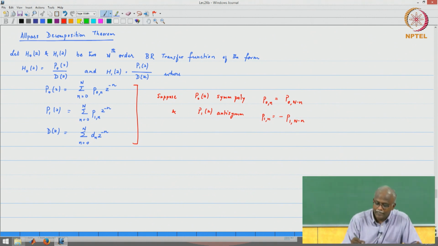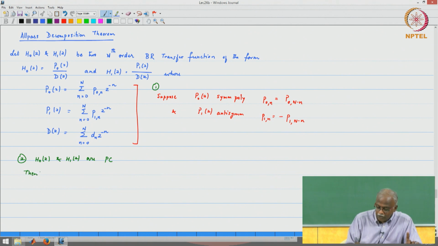Okay. Now, in addition to that you add one more condition, so this was condition number 1, a second condition that h0 of z and h1 of z are power complementary. Then the all pass decomposition theorem states that we can write h0 of z as A0 of z plus A1 of z divided by 2.